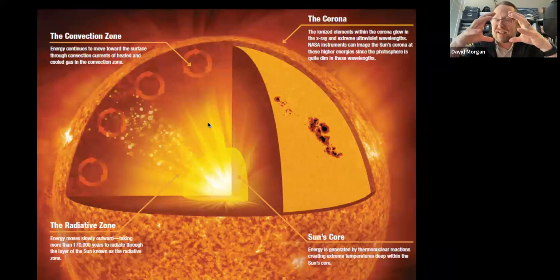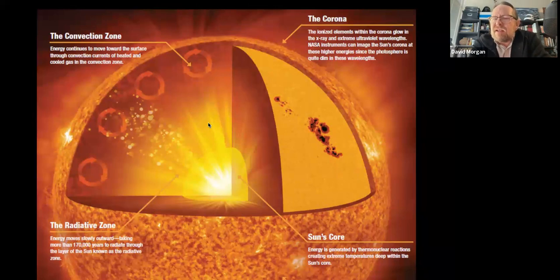The radiative zone, where heat moves outward from the core towards the surface. The convective zone, where the material of the sun is actually free to flow and move and carry that heat to the surface, and then what we call the surface, or the photosphere and chromosphere.